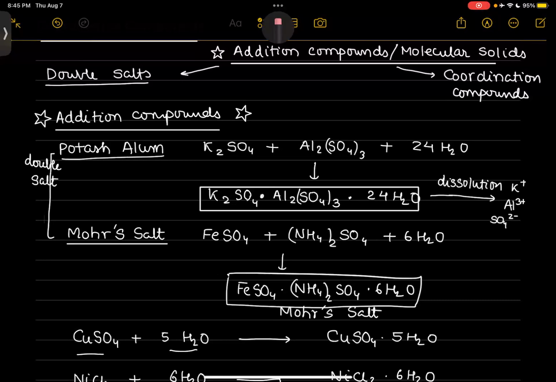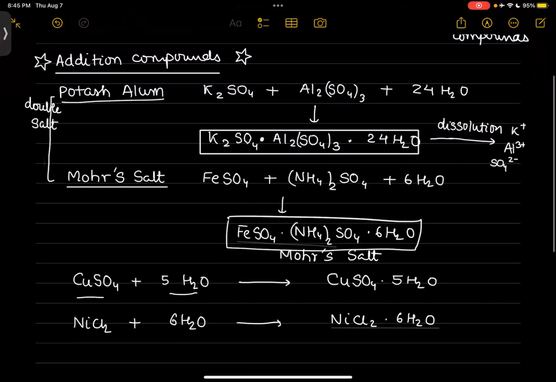Are you getting that? They completely split into their constituent ions. You can see here, it is going to give the test of potassium, aluminum, sulfate, got it? Because they are split completely.